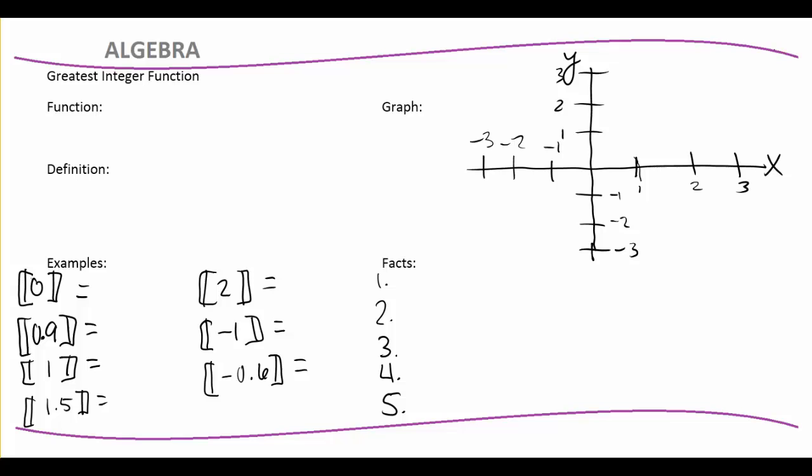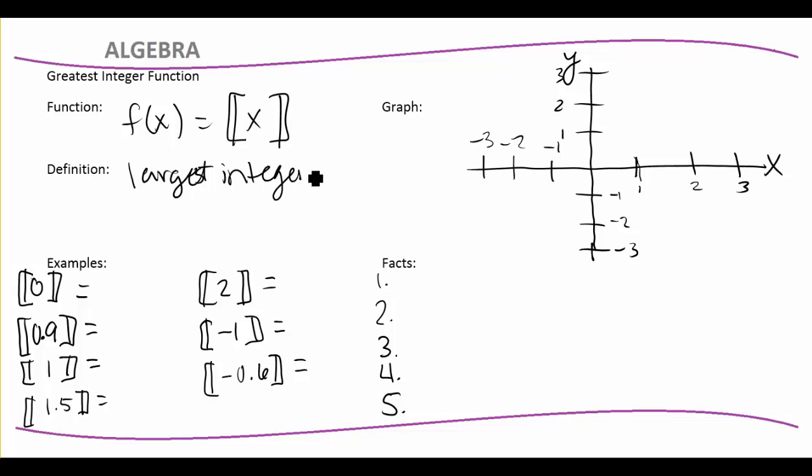Today we're going to talk about the greatest integer function. So the greatest integer function of a real number x is represented by f of x equals this weird kind of bracket around x. The definition: for all numbers x, the greatest integer function returns the largest integer less than or equal to x.